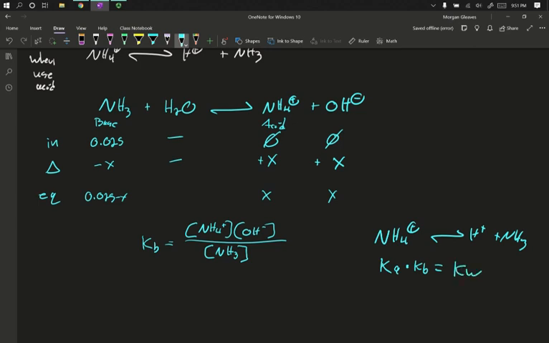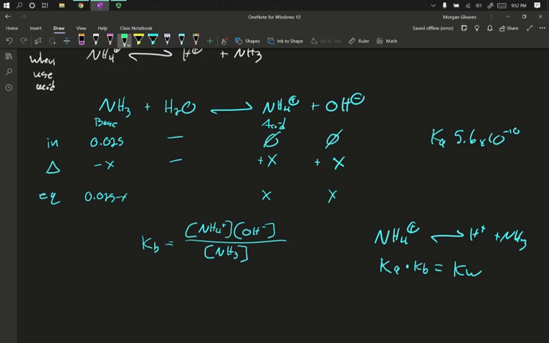Since they're participating in the equilibrium with water, it works out that the conjugate acid acting as an acid, its constant, times the constant for the conjugate base acting as a base, that product must equal the Kw. For ammonia and ammonium, well, ammonium's Ka is 5.6 times 10 to the minus 10. So we can solve what the Kb for the conjugate base of ammonium is.